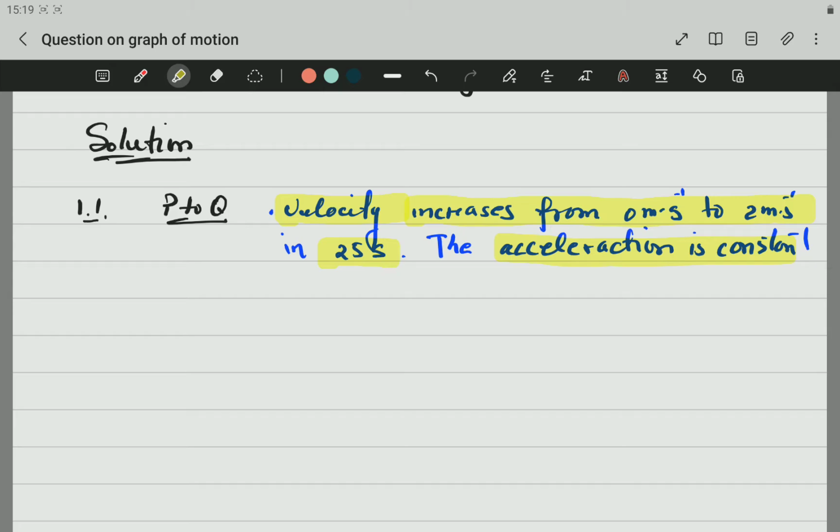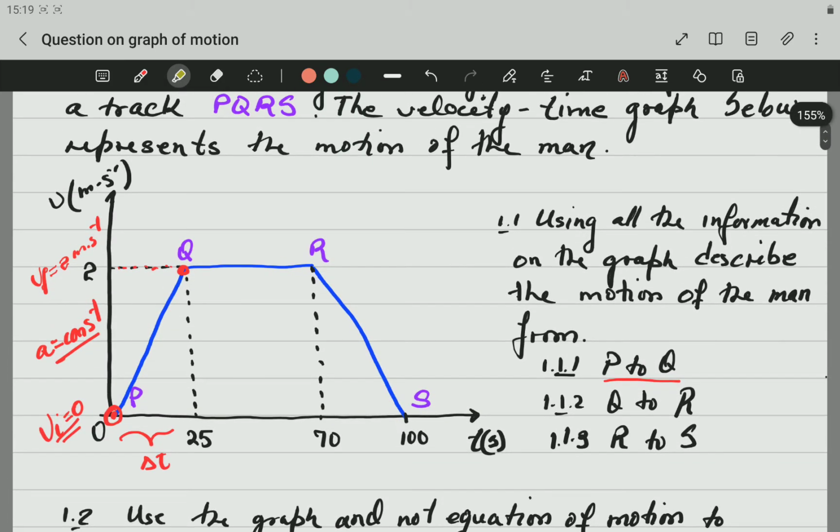Let's go to the second part of the track. Now we're working from Q to R. What we can see is that the velocity at Q, which is the initial velocity, was 2 meters per second. It's the same as the final velocity of PQ.